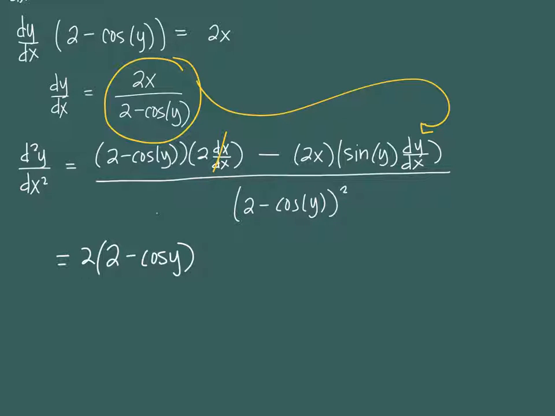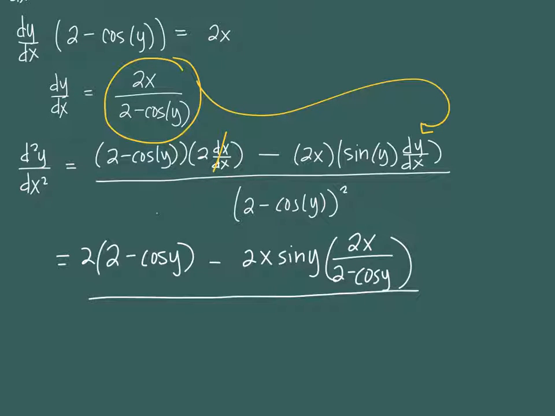I'll put a 2 in front of that. 2 quantity 2 minus cos y, minus 2x sine y times another 2x over 2 minus cos y, all over 2 minus cos y quantity squared.